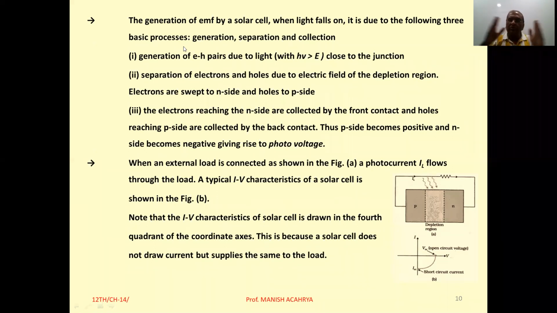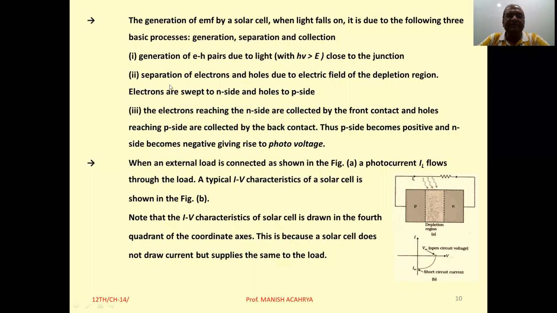Then electrons and holes are separated and then collected by electrodes. Now see, generation of EH pairs is due to light incident on the solar cell with energy greater than the band gap energy, close to the junction.